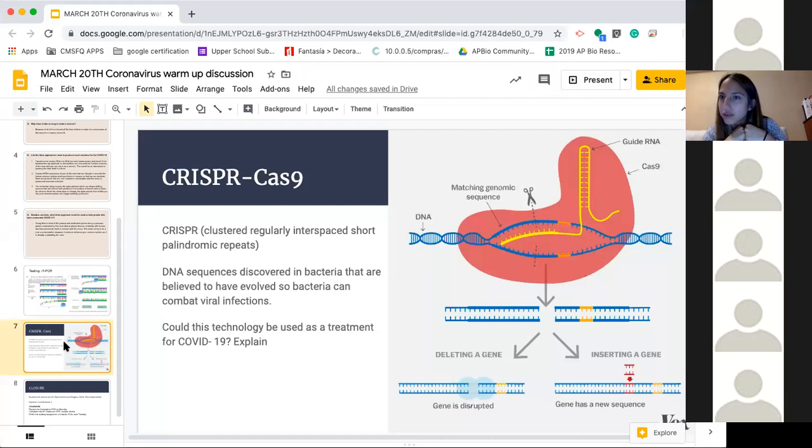Now, why is CRISPR super innovative? We've been able to do this with restriction enzymes before, but the problem is restriction enzymes are not very specific. It is very hard to control where the restriction enzyme cuts.